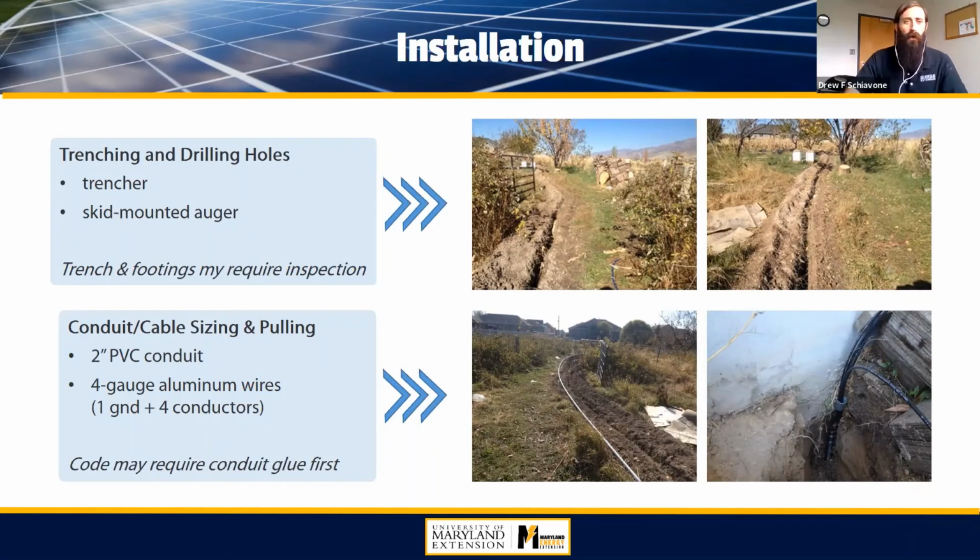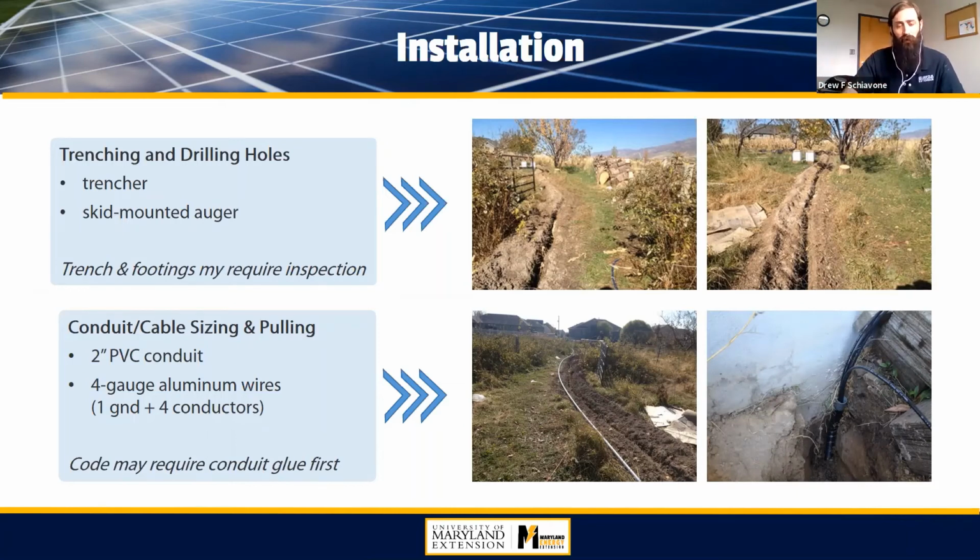When you design your system, again, it's going to be based on the modules and the inverter that you select if you're doing an inverter to make alternating current. When you design the system, they'll typically recommend the different wiring and cabling that you'll need. In this case, it requires a 2-inch PVC conduit to be laid through that trench, and then the cables are pulled through that conduit.